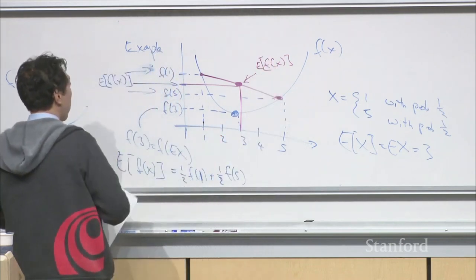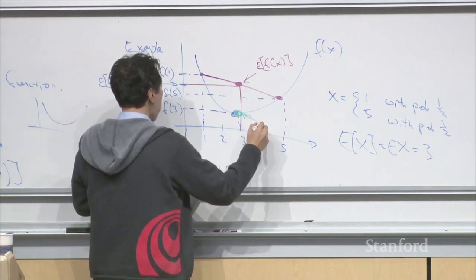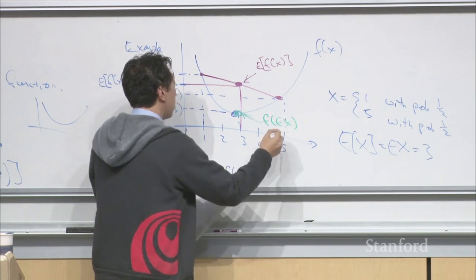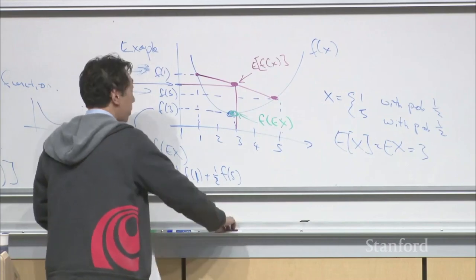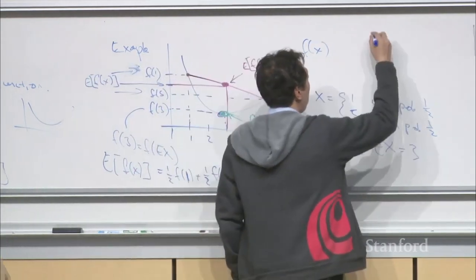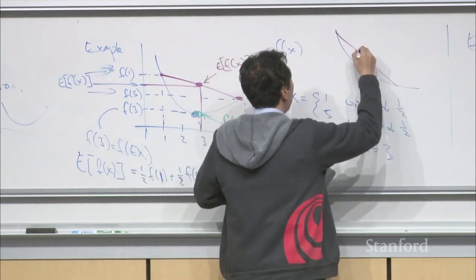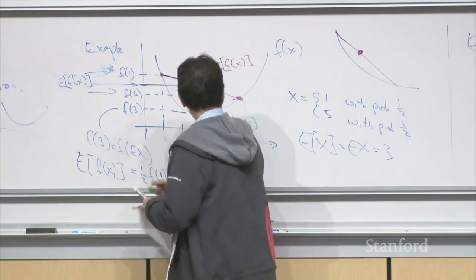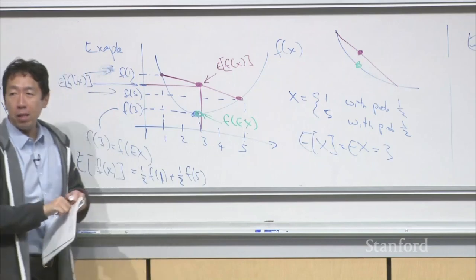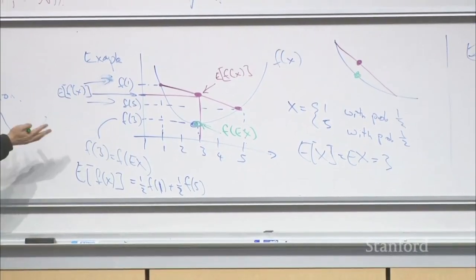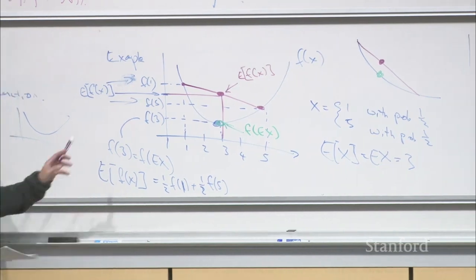And this point is f of the expected value of x, right? And in any convex function, really take any convex function, if you draw any chord, that green point is always higher than that other green point, which is another way of seeing why Jensen's inequality holds true. Okay, if this visualization doesn't help, don't worry about it.